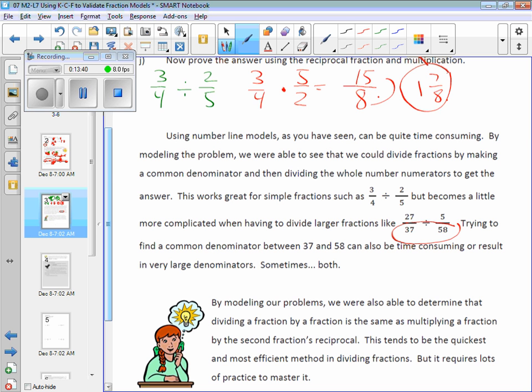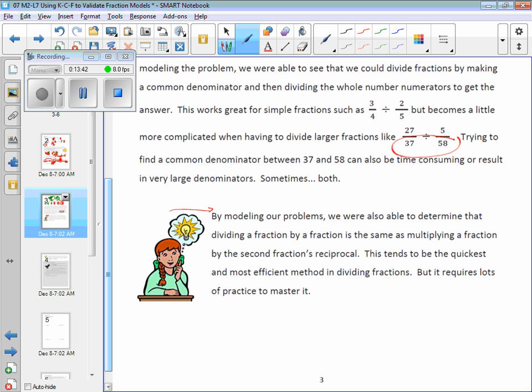By modeling our problems, we're also able to determine that dividing a fraction by a fraction is the same, underline this or highlight it, as multiplying a fraction by the second fraction's reciprocal. So, all I did was, if I've got two fractions that are being divided, watch me, I keep this fraction, the one on the far left, exactly the same.